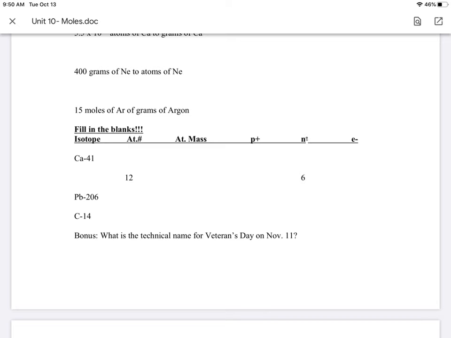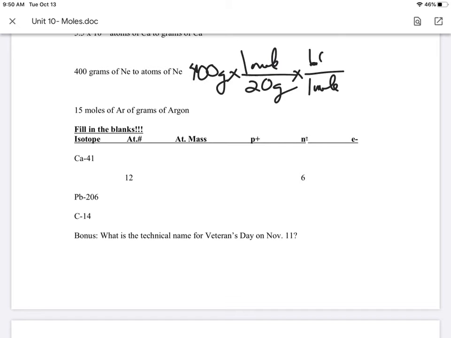All right, so there are 2 more problems left here that we want to get through. 400 grams of neon to atoms of neon. So 400 grams of neon. Well, I know that neon is 20 grams to 1 mole. And so then I have 1 mole is 6.022 e to the 23 number of atoms.